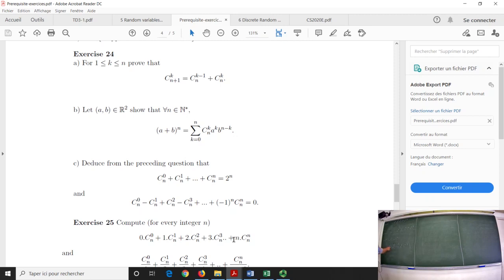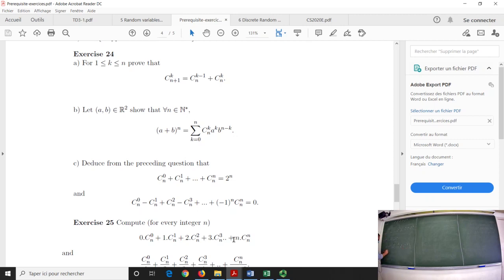If I multiply this relation by a, it will transform a to the power k into a to the power k plus 1. The same holds for the other term: if I multiply this sum by b, b will be transformed into b to the power n plus 1 minus k. That's exactly what I write.